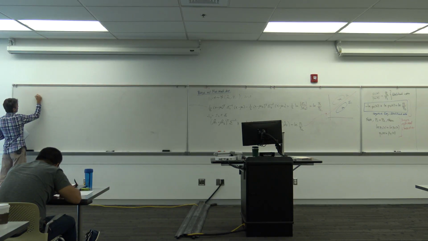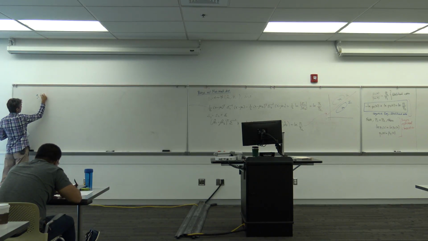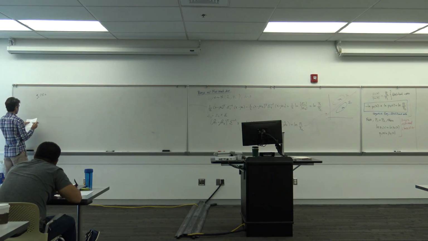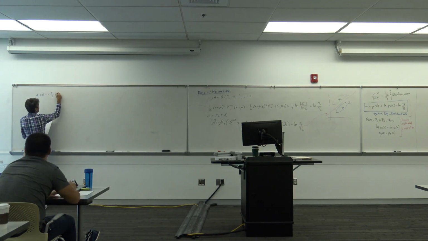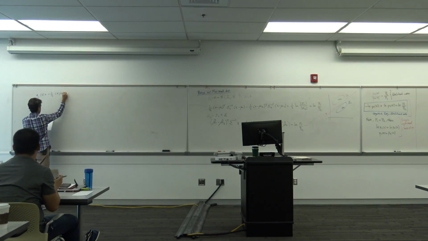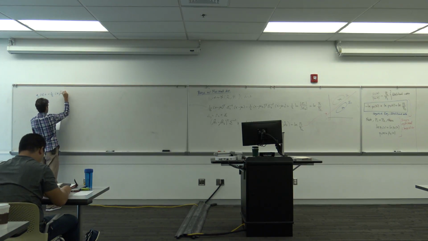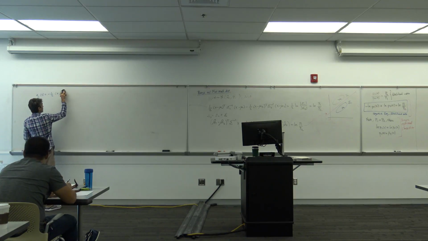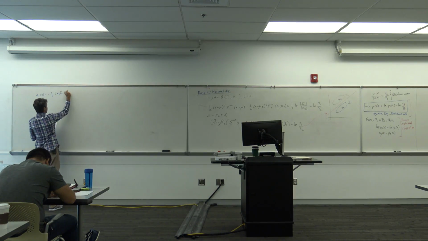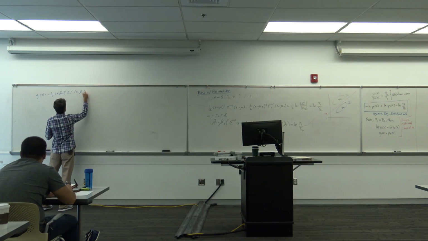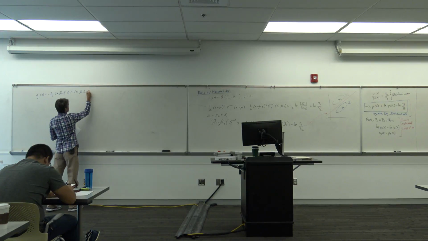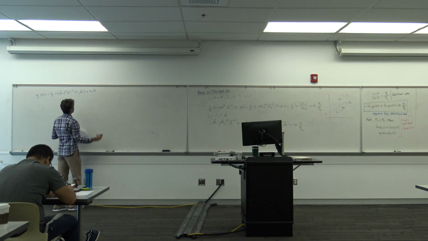We are going to define a new function. Let's call it g_i of x, which is equal to 1/2 (x minus mu_i hat) transpose sigma_i inverse (x minus mu_i hat) plus the log of my prior.